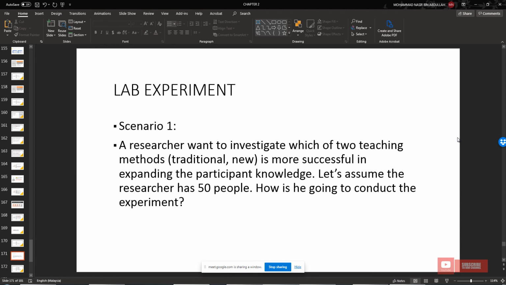Maybe for me, I think the best way is to divide the people into two groups and teach one group with a traditional method, and another group by using a new method, right? And then you measure the knowledge by using an examination or test, and then you compare the results. So this is one of the lab experiment methodologies.